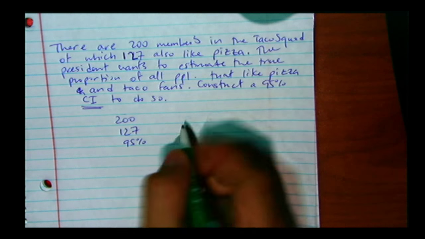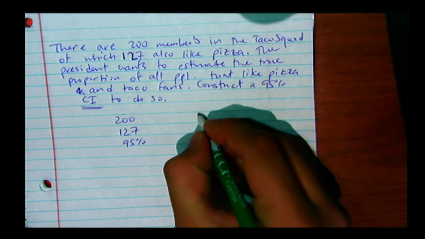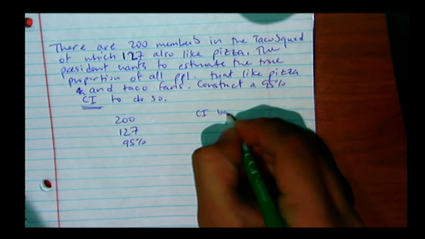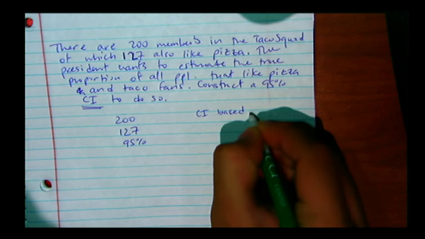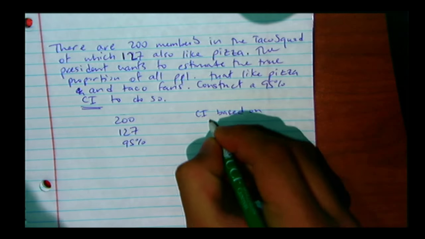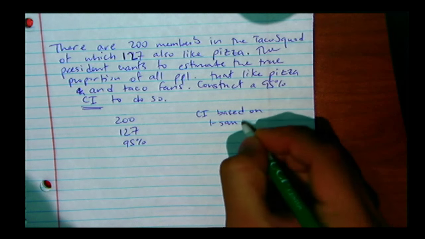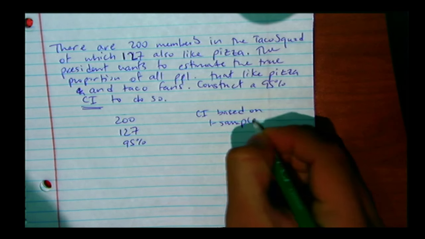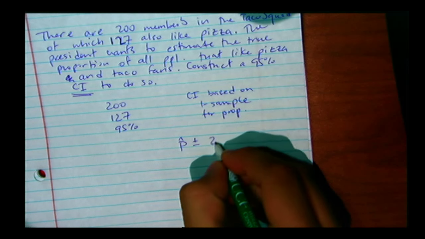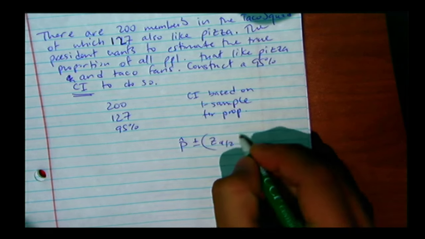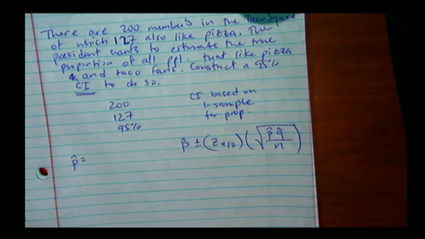There's only one sample of data that we've got here, for proportions. And the equation that we have there, if we refer back to the previous page, is going to be p hat plus minus z alpha divided by 2. What are we trying to estimate?